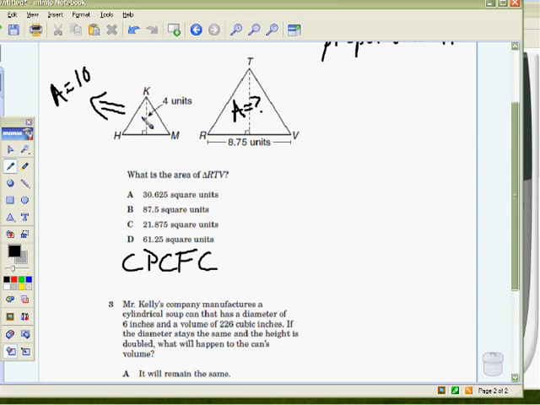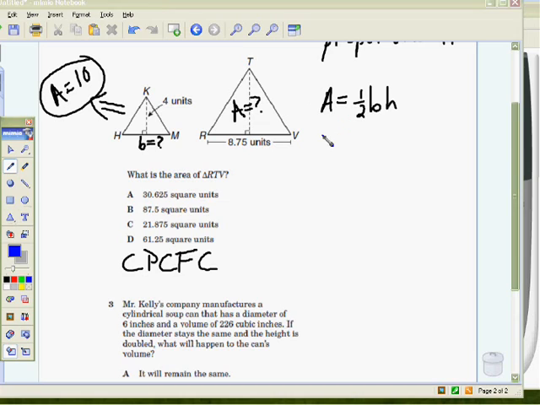So in other words, I know that the height of this triangle is 4. I don't know what the base is. I know what the base of this triangle is, but I don't know what the height is. Since I know the area of the small triangle, I know that area is equal to 1/2 times base times height. I can plug in everything that I know.